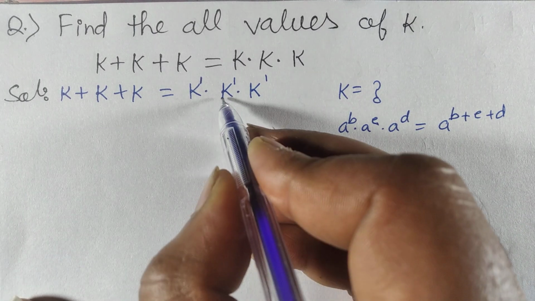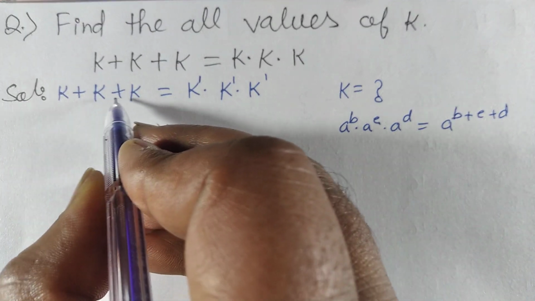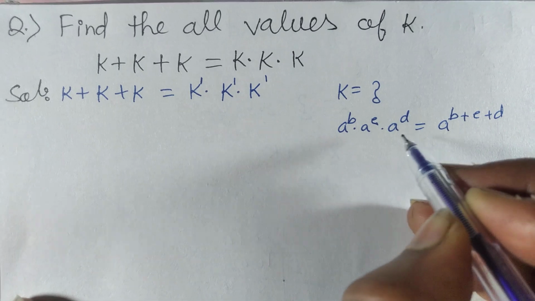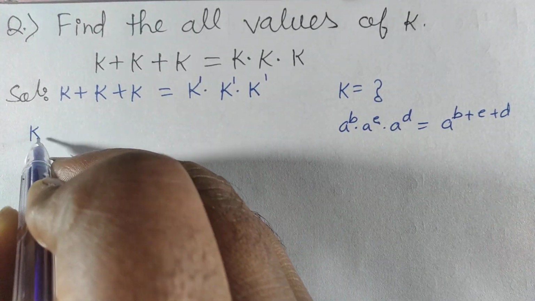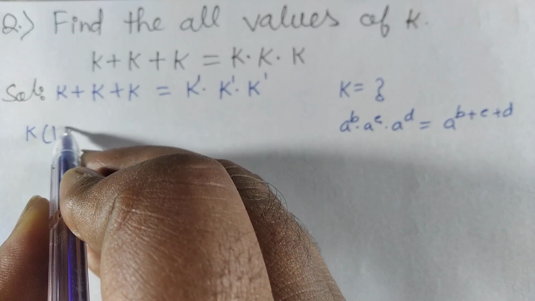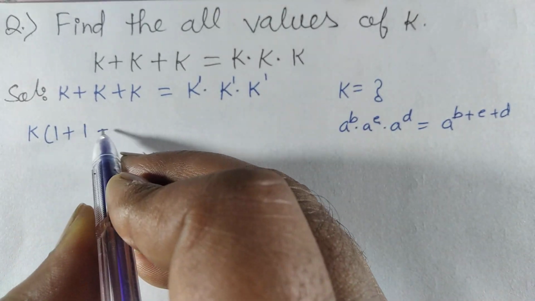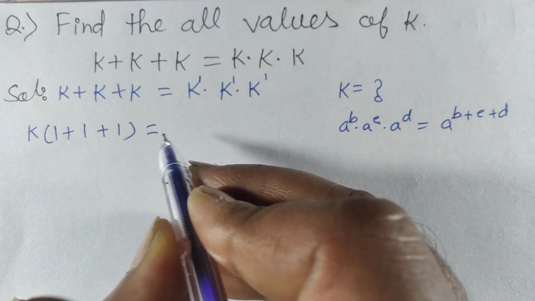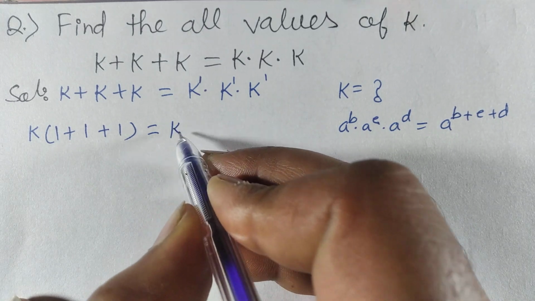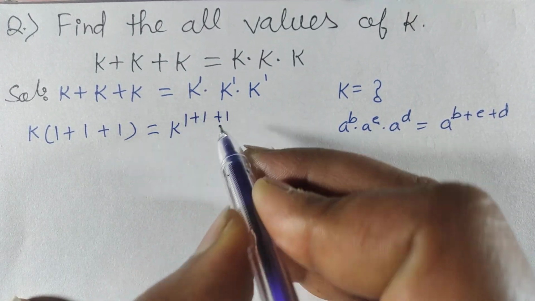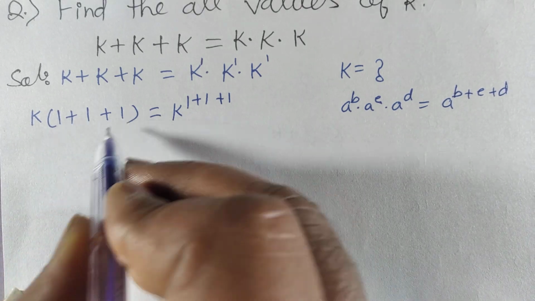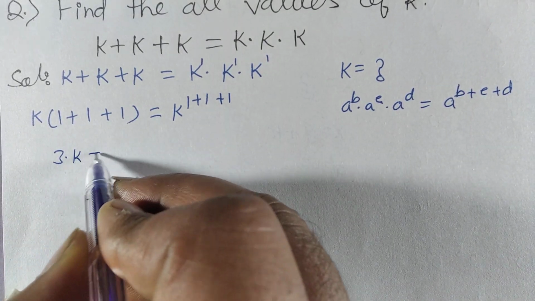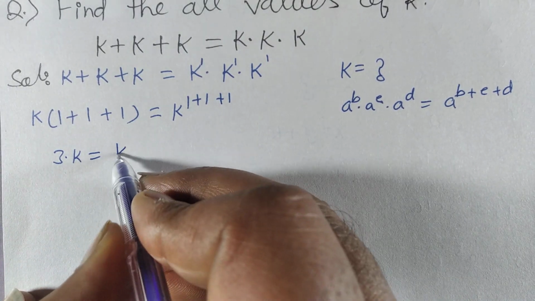Applying this law on the left side, taking k as common, and applying this law on the right side, k remains in the term with exponent 1, and here also remaining 1, and here also remaining 1, is equal to k to the power 1 plus 1 plus 1 as per this rule.